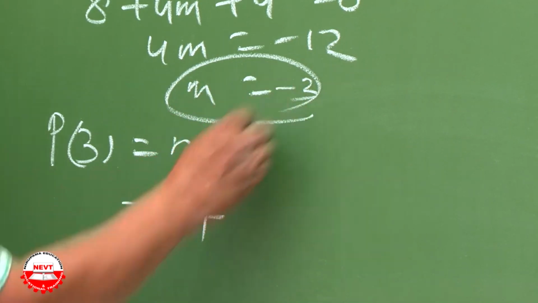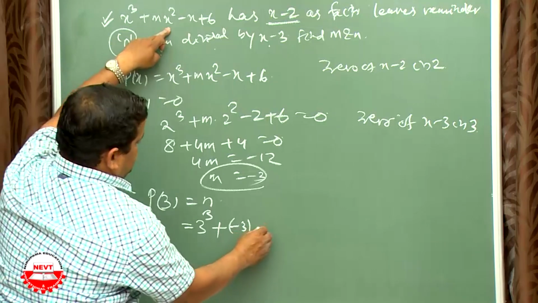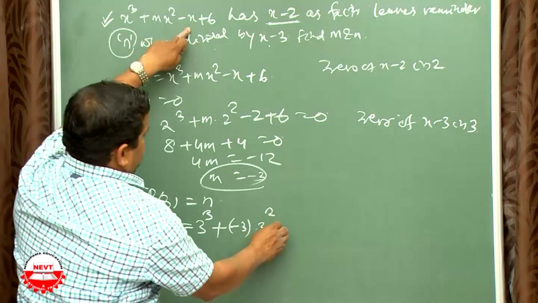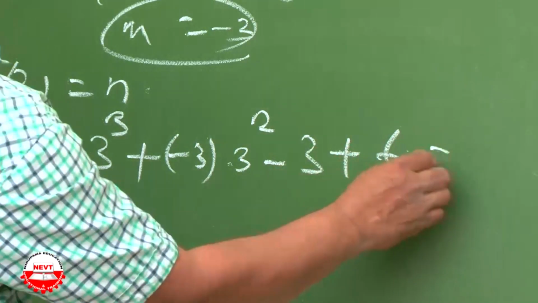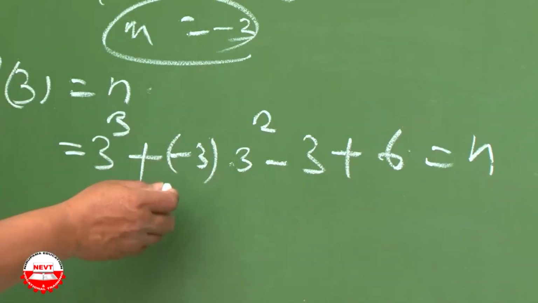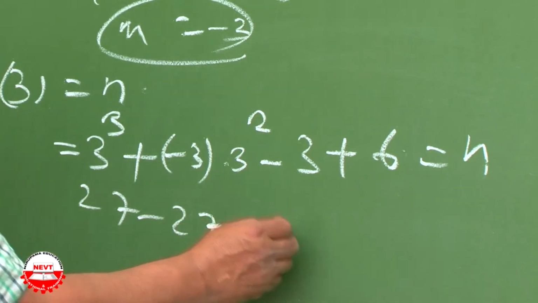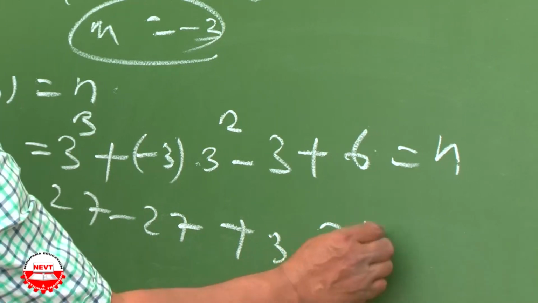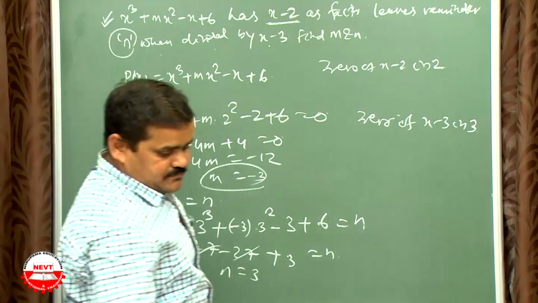What is m? Minus 3. That means minus 3 into x square, means 3 square, minus 3 plus 6 is equal to n. So now solve this. This will be 27, this is minus 27 plus 3 is equal to n. That means n is equal to 3. It's okay?